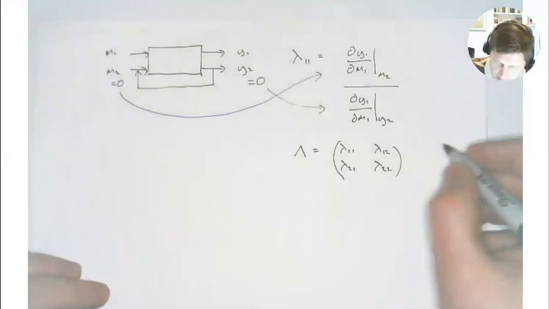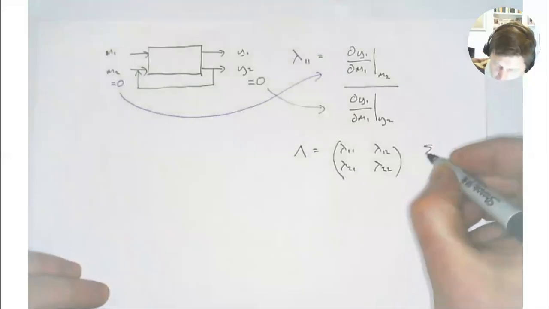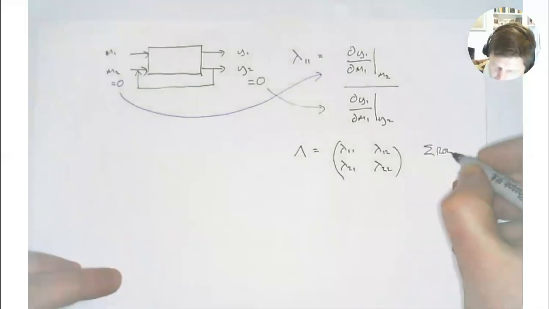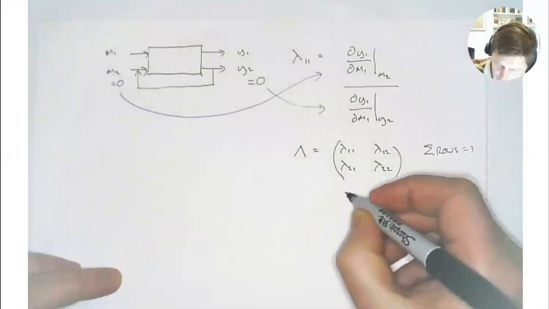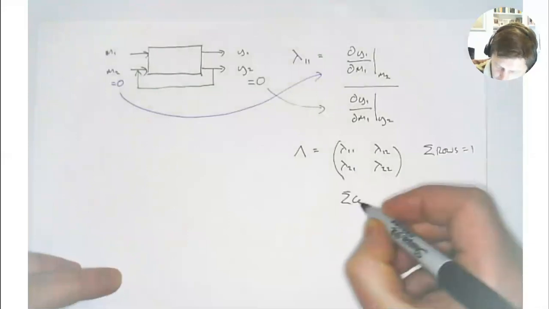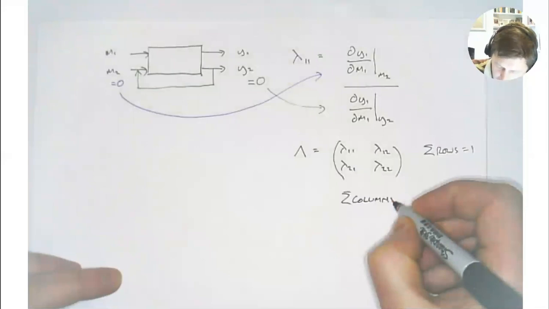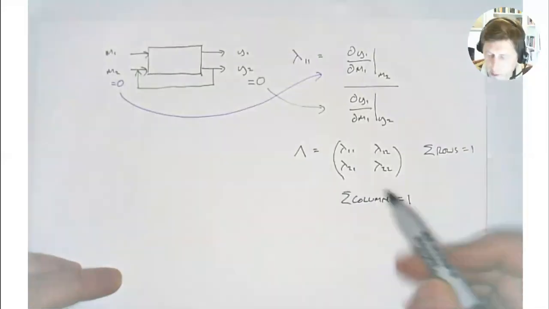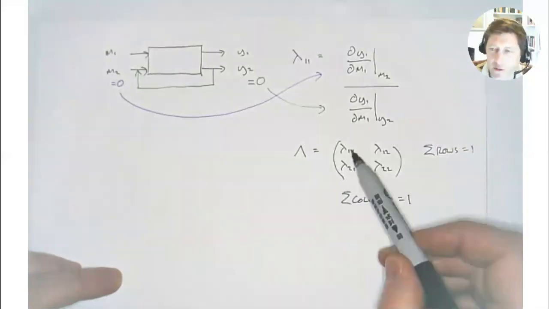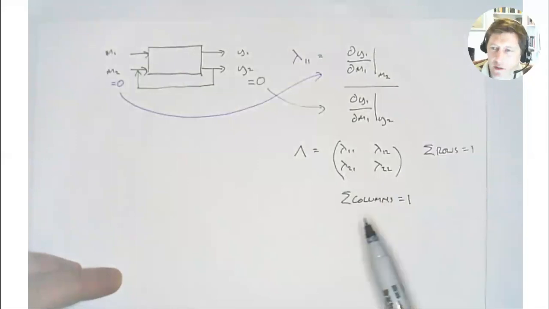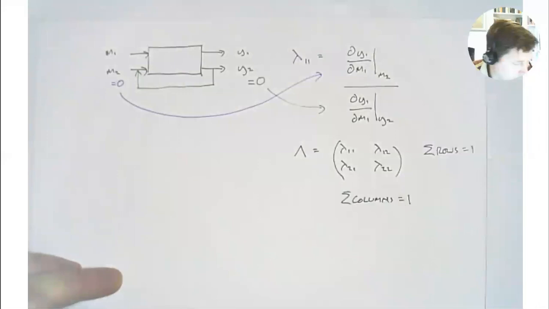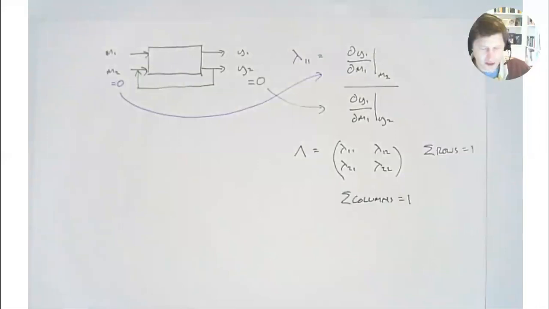And a feature of this array is that if you sum the rows, they're equal to 1, and if we sum the columns, they're equal to 1. So when we're making this matrix, if it's just 2 by 2, we only need 1 value, and then we know what all of the other 3 values are. That's the basic concept of it.